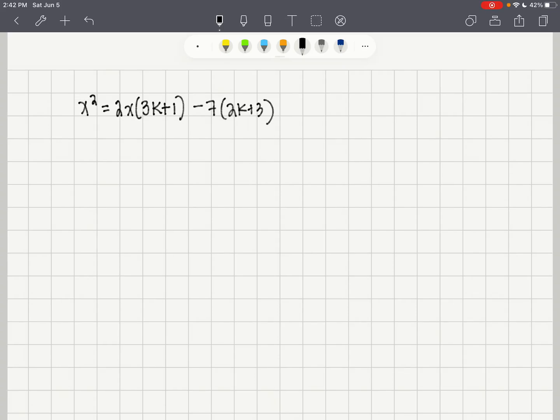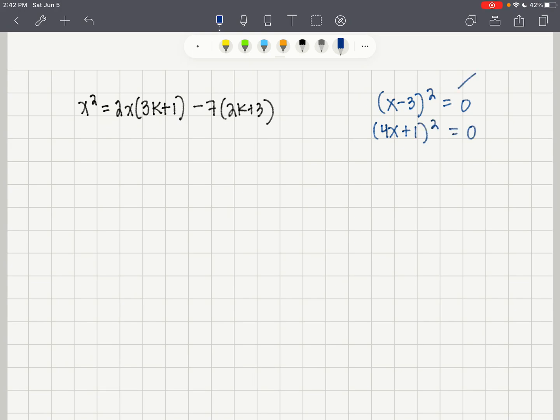Okay, this problem right here, this quadratic equation, is asking us to solve so that we have two equal roots. When we're talking about two equal roots, we're talking about like (x - 3)² = 0, or (4x + 1)² = 0.